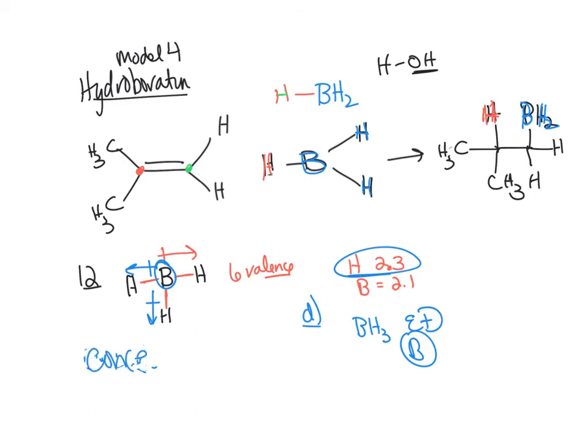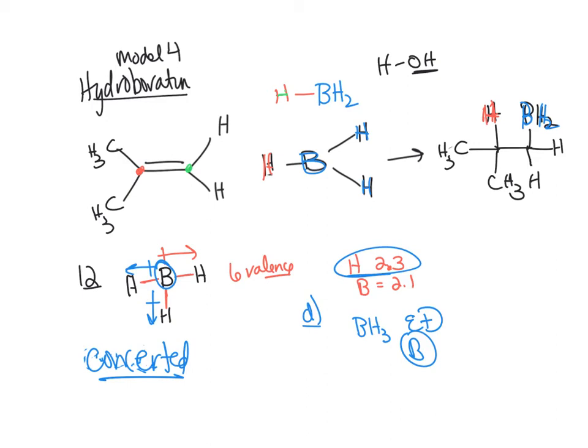So this is a concerted mechanism. Although a full carbocation is not formed, the transition state shows that the partial positive charge develops on the carbon that is not bonded to the electrophile boron. Okay, so that shows you that in your slide.